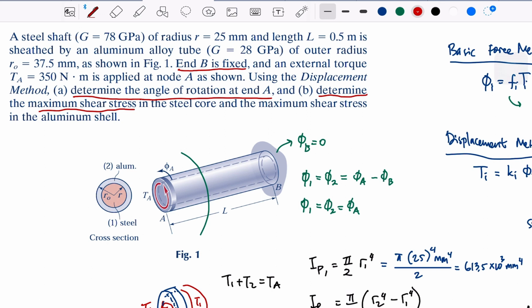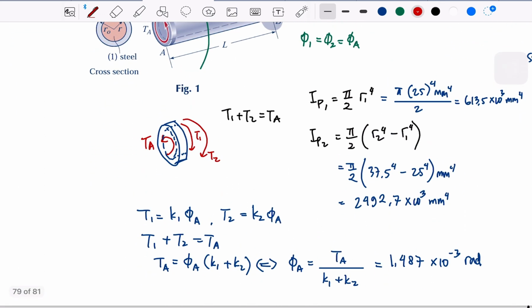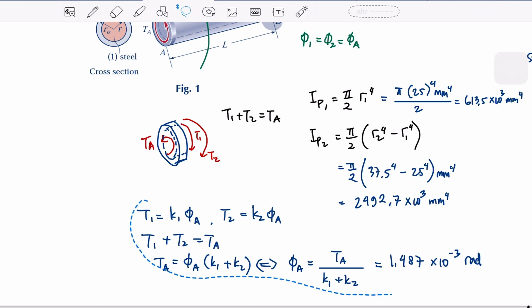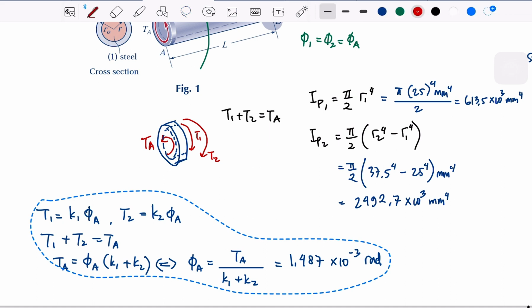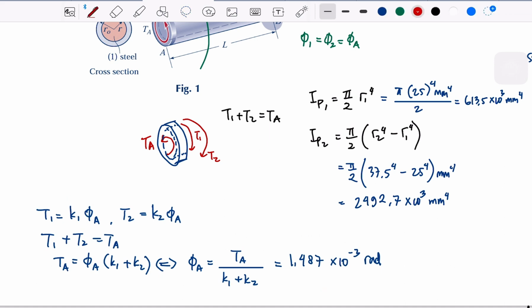And since we get the deformation for A, then we can rewrite for T1 and T2. Okay. So from this angle, we can write, let me write this.